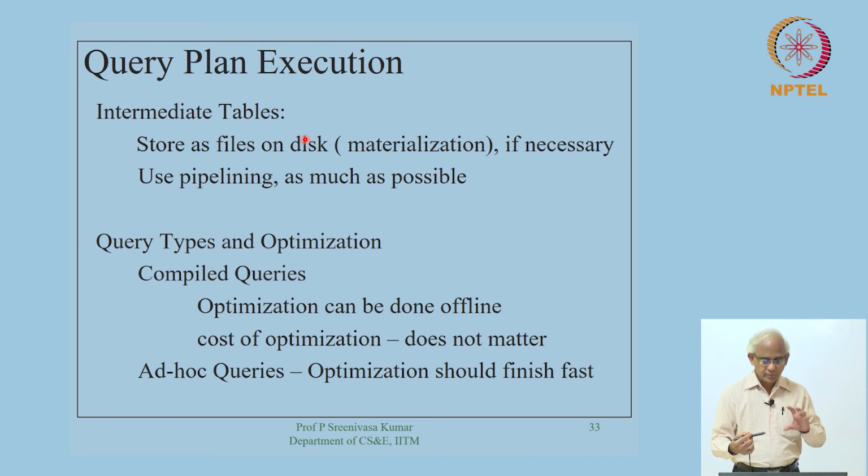Depending on the size of those intermediate tables, if you can handle them in memory, you better handle them in memory. Only if necessary do you materialize and push them to the disk. To the extent possible, keep it inside, and do what is called pipelining. So try and apply multiple operators onto the stream of records that come in a pipeline fashion.